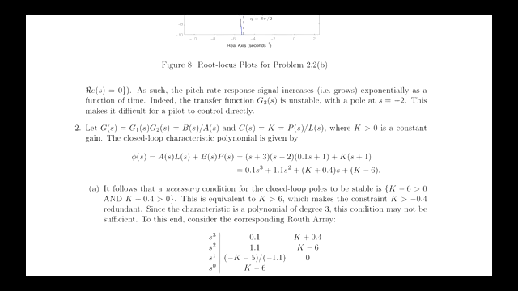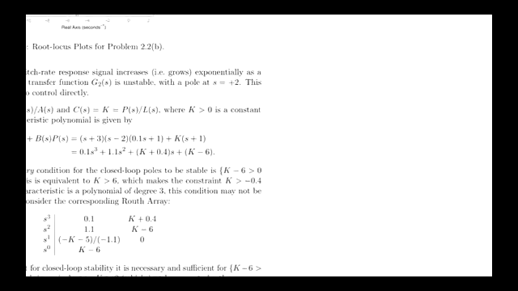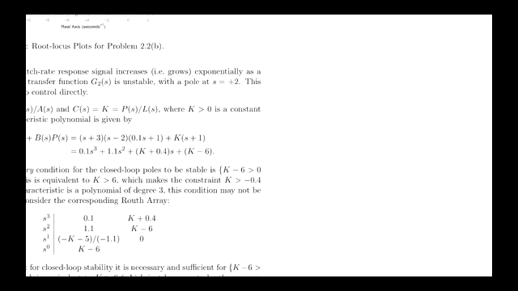Now, first we need to make sure that k is chosen such that we get a stable closed loop. Why might that be an issue? Why might it not be the case for all possible k? Well, let's start thinking about the root locus.